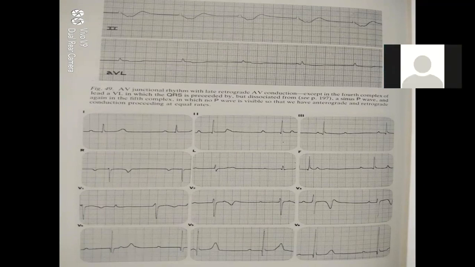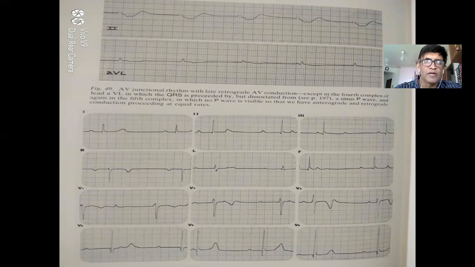So the second type is called Mobitz type 2, and that is called Wenckebach. Can anyone tell me what the Wenckebach phenomenon is?